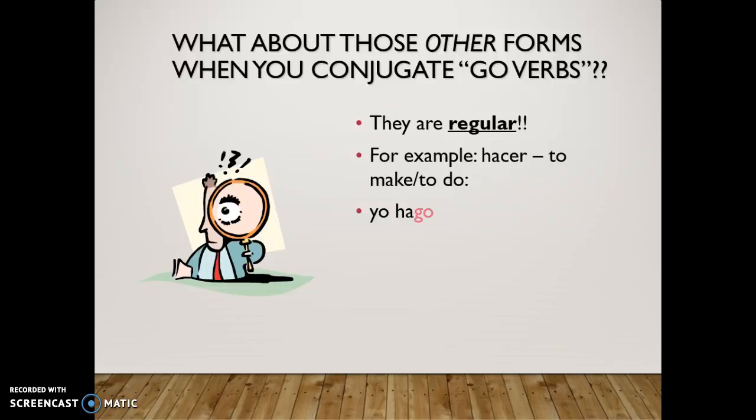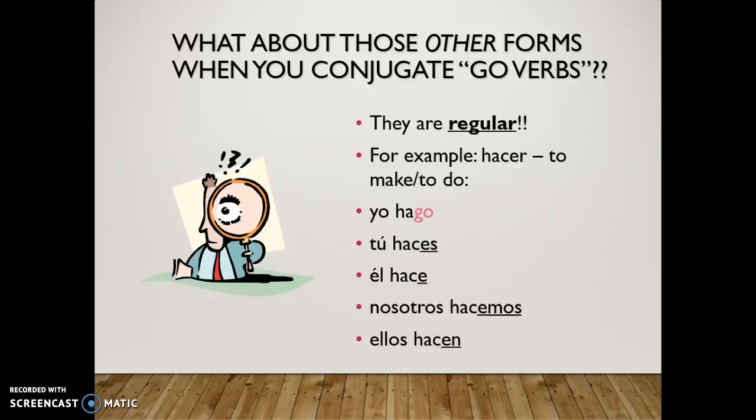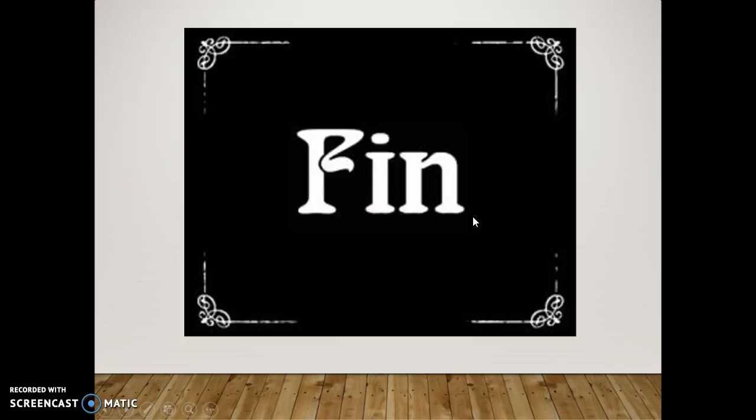Yo hago, tú haces, él hace, ella hace, nosotros hacemos, ellos or ellas hacen. Again, the verb is an ER verb, and when you conjugate it, it needs regular ER endings, which it does: s, e, emos, en, other than the yo form. That is it. That is el fin for go verbs.